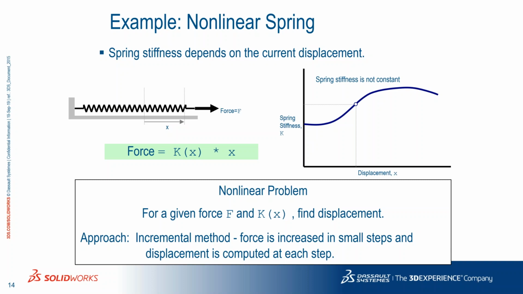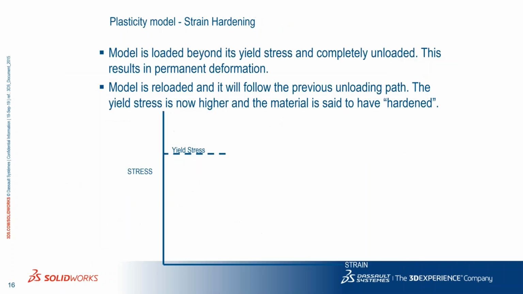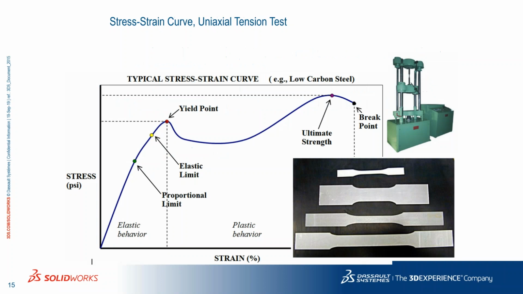So this is an example of the stress-strain curve of a material. Typically, this is for metals, for aluminium, for steel, and so on. So you have here an elastic behavior in the first phase, and then a yield point.